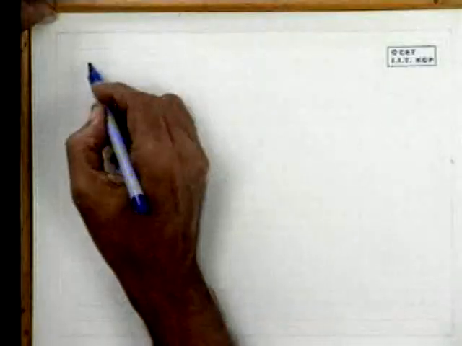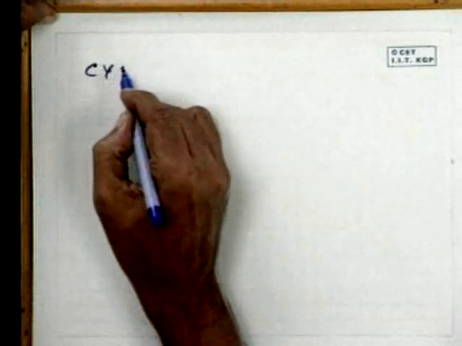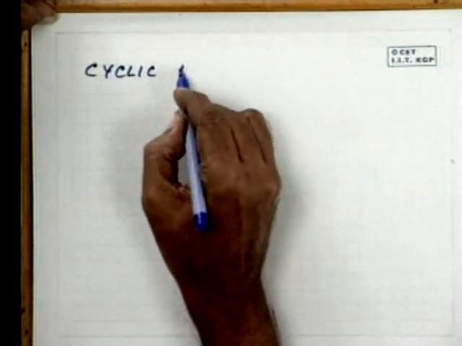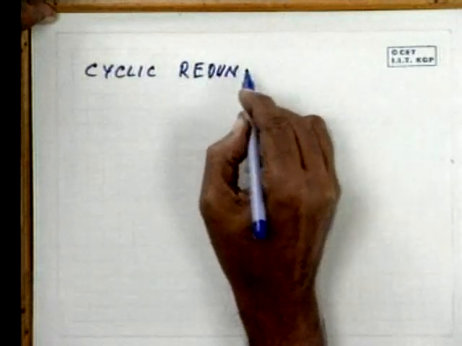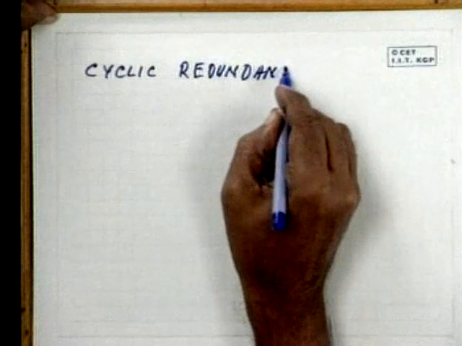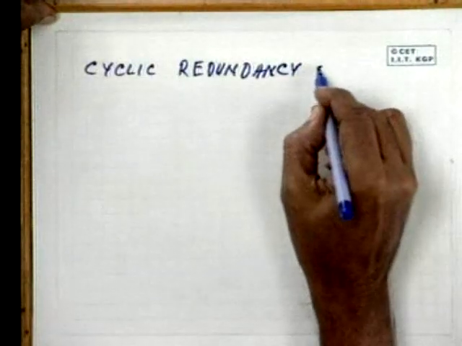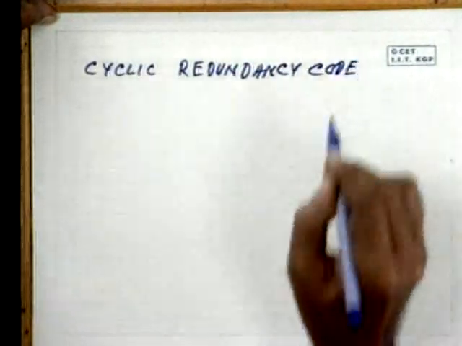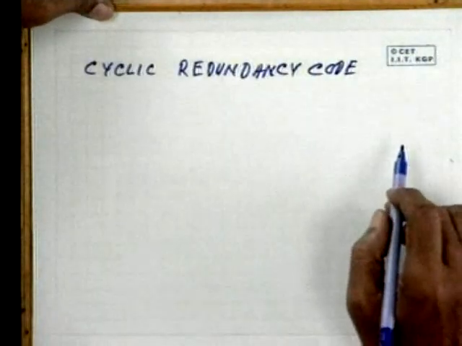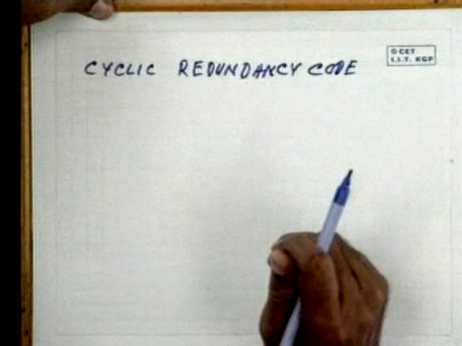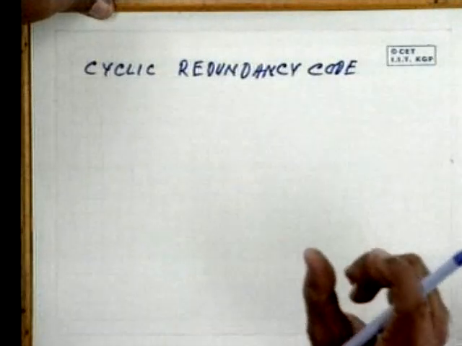We shall now consider the second technique, which is known as cyclic redundancy check, or cyclic redundancy code. And in this case, what is being done? More bits are added.